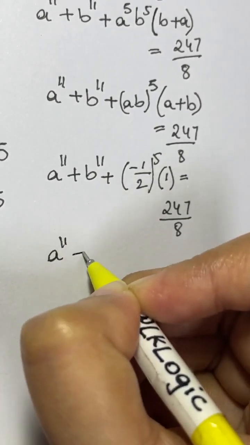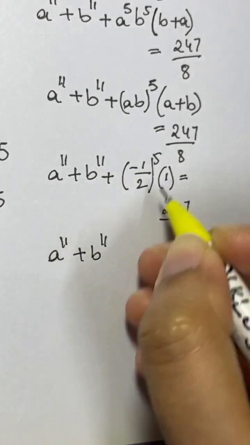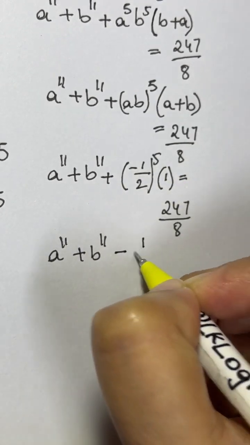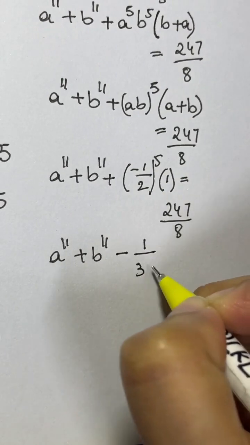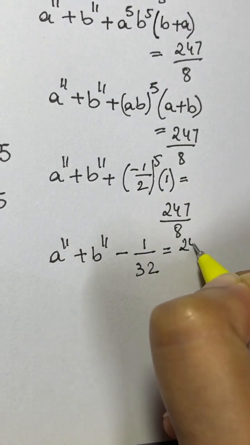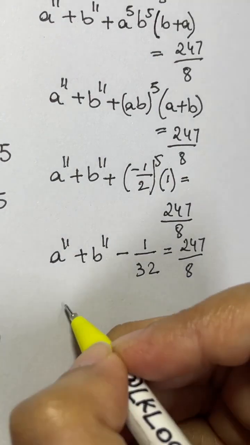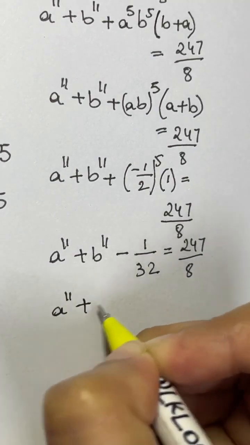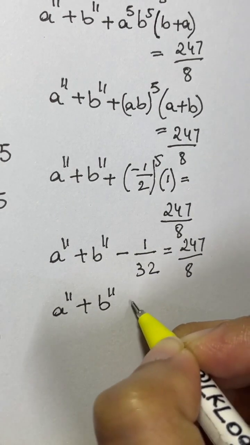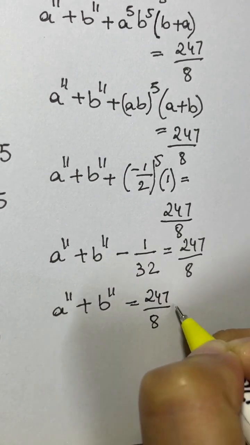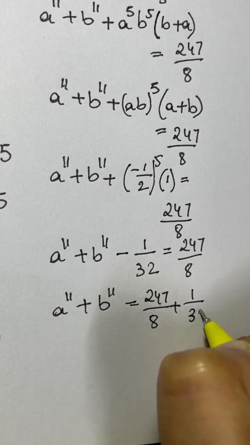A to the power of 11 plus b to the power of 11 minus, odd power, so you'll have minus 1 over 32 is equal to 247 over 8. So let's send it to the other side. You have a to the power of 11 plus b to the power of 11 is equal to 247 over 8 plus 1 over 32.